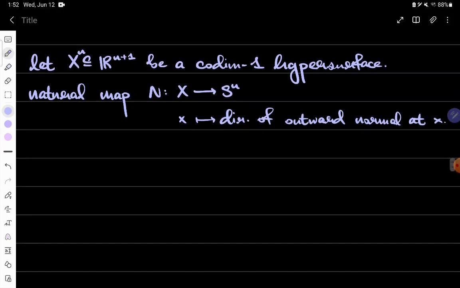And if we think of the sphere as having constant curvature 1, then the curvature is going to measure the extent to which this distorts for some hypersurface x.